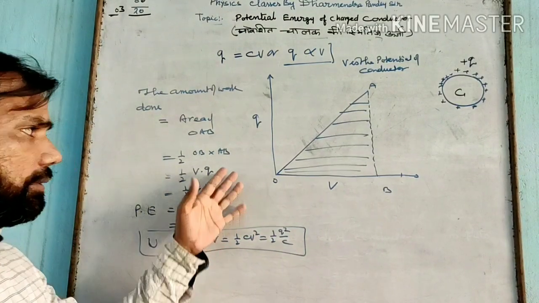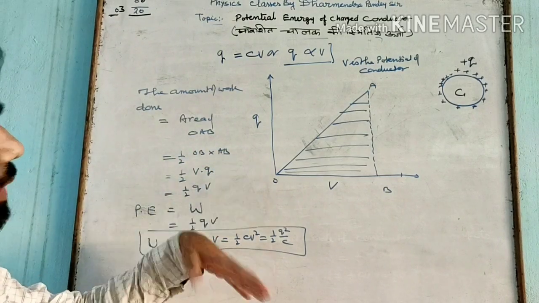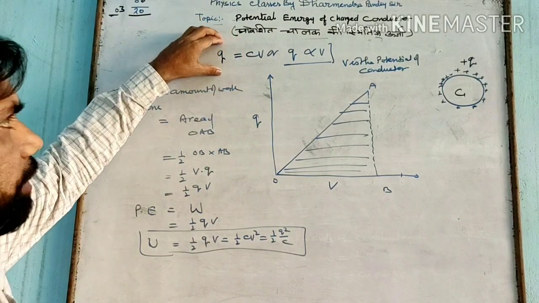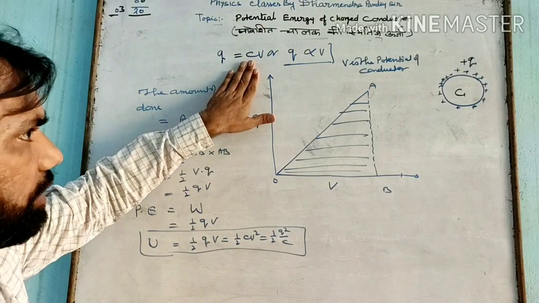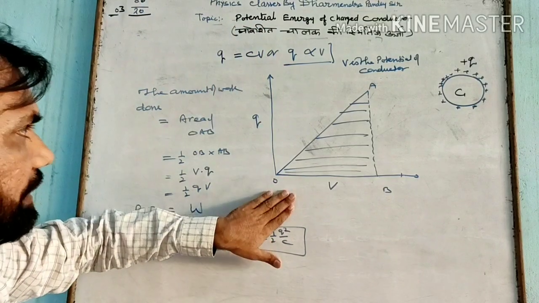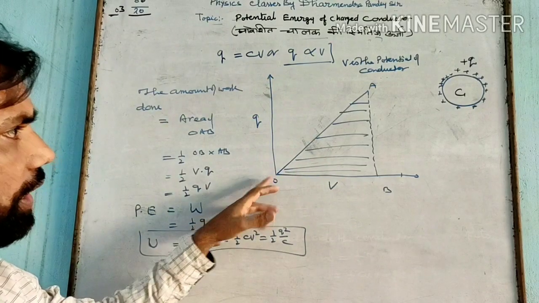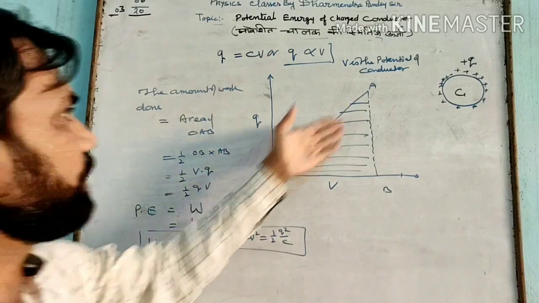As this is a very simple exercise, we only have to know the relation between Q and V. C is always constant. So what we have to do is plot a graph between potential and charge, and this is of a triangular shape because the graph is linear.